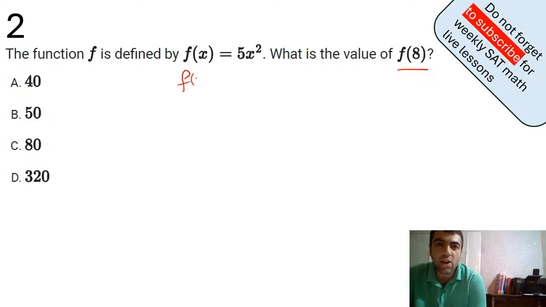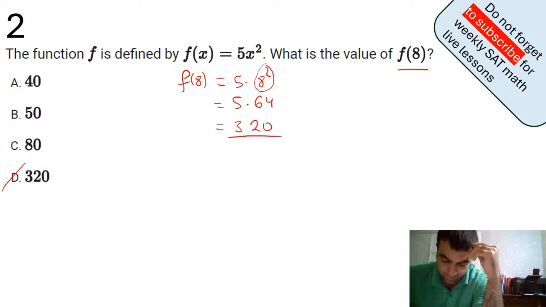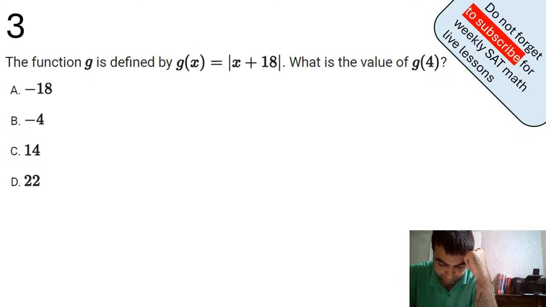It means we should write 8 in the given function, 5 times 8 squared. Firstly, we calculate 8 squared, 8 to the 2 power, 64, and that's equal to 320, right? It is D. Mr. Shahin, you were right. Mr. Saib, you were right. And Mrs. Chusjun, you were right.